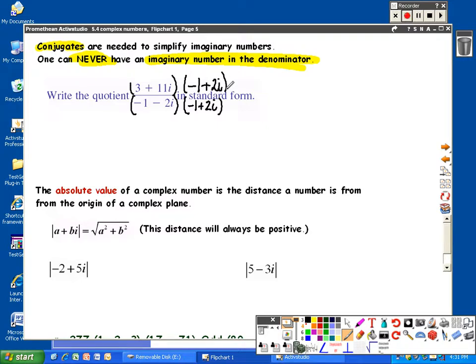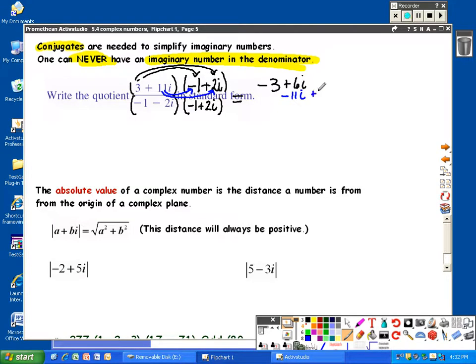So let's do that first. 3 times a negative 1 is a negative 3. 3 times a 2i is a positive 6i. And then I have 11i times a negative 1 is a negative 11i. And a positive 11i times 2i is a positive 22i squared. All right.